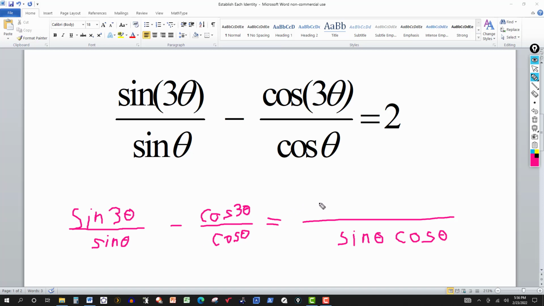So this is going to come out to sine of 3 theta cosine of theta minus cosine of 3 theta sine theta.